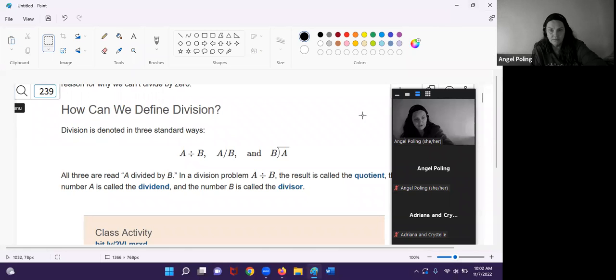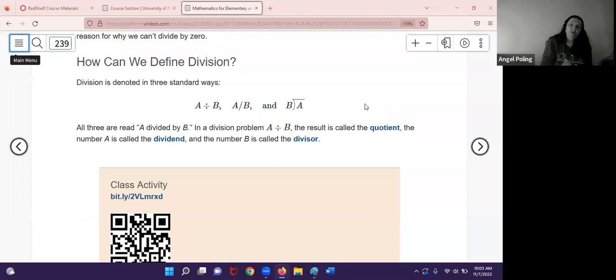Okay, so what we're looking at is just the vocab a little right now. We've got the divisor, which is your denominator.